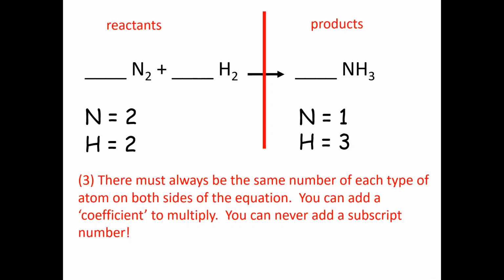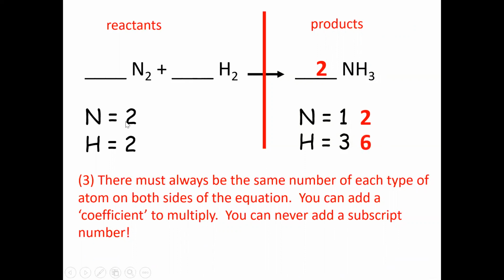So to balance an equation, you only ever add coefficients at the front. If I then added a 2 in front of ammonia, that 2 would multiply all of the atoms within ammonia. So I would then have 2 nitrogens, but I would have 2 times 3, which is 6 hydrogens.